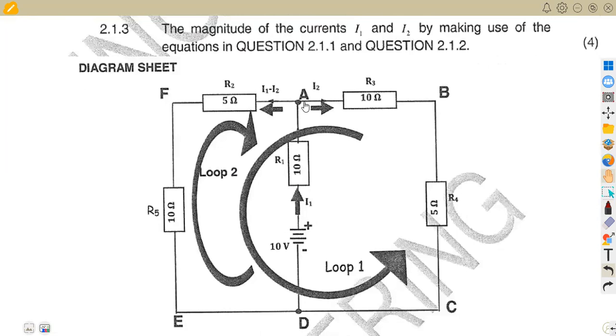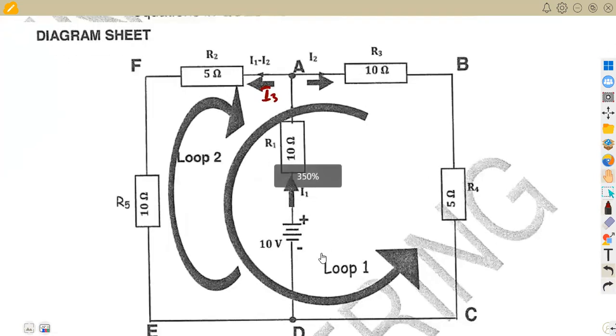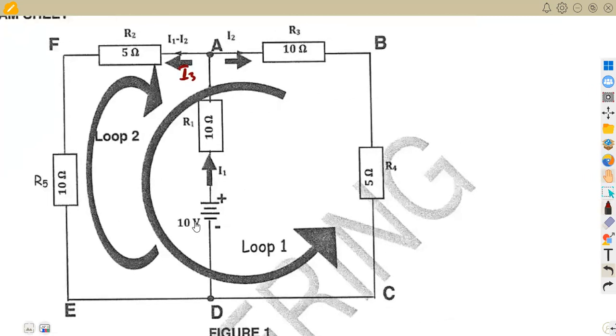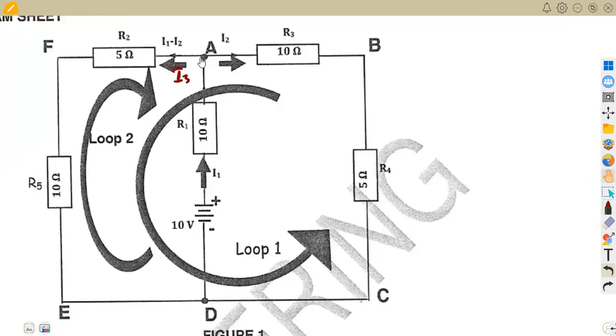To this side, I've got I2. Then this side represents current 3, so this is our I3. From our Kirchhoff's current law, remember, the current flowing towards the junction, referring to current 1 in this case, is this one that is also here.